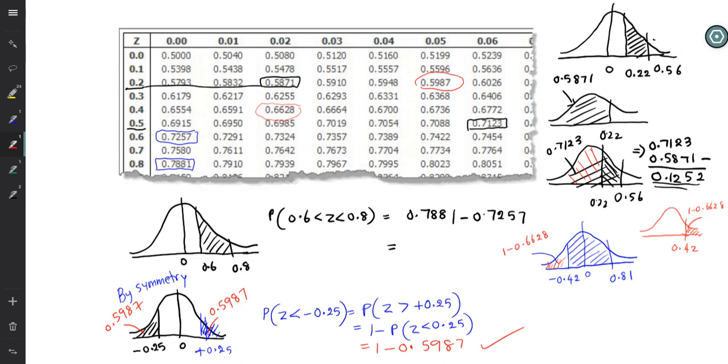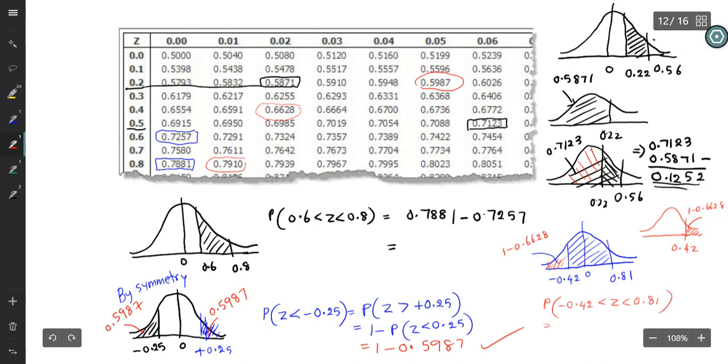So the probability in between negative 0.42 and 0.81 is what? Up to 0.81 is 0.7910.